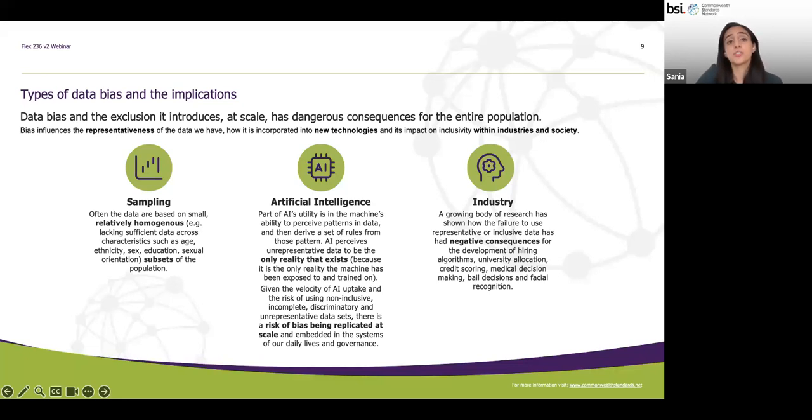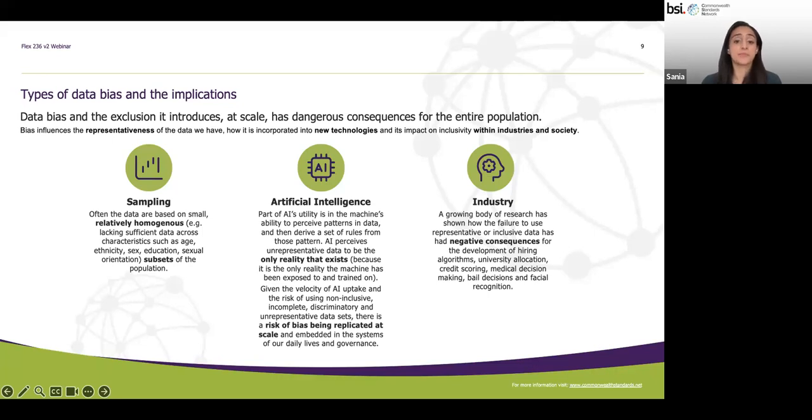Like I mentioned, groups are not monolithic. So even if you're looking at a diverse group, but you don't have a large enough sample to capture and robustly analyze those variations, it's still a relatively homogeneous and biased sample. So you want to be aware of all of that.